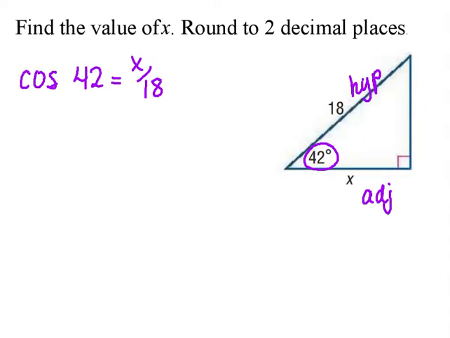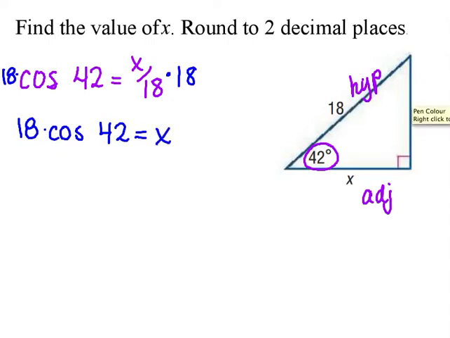So this is how you're going to solve the equation. How do you undo x divided by 18? You times it by 18. So on your calculator, you're going to type in 18 cosine of 42.